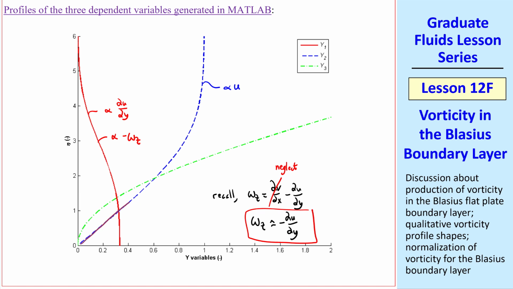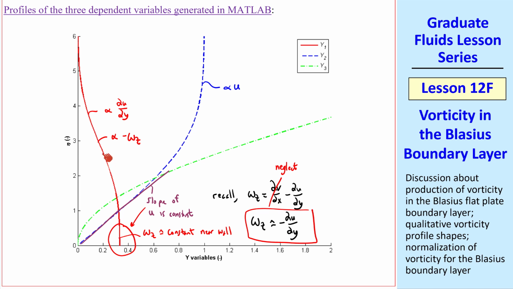Note that near the wall, the slope of u is constant. In other words, the profile is linear near the wall and then veers up like this. And that is also seen here, where omega z, which is proportional to the slope, is approximately constant near the wall. And we see that clearly here, starting at this wall value.